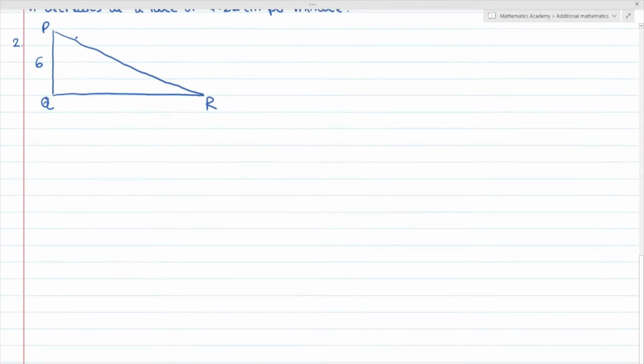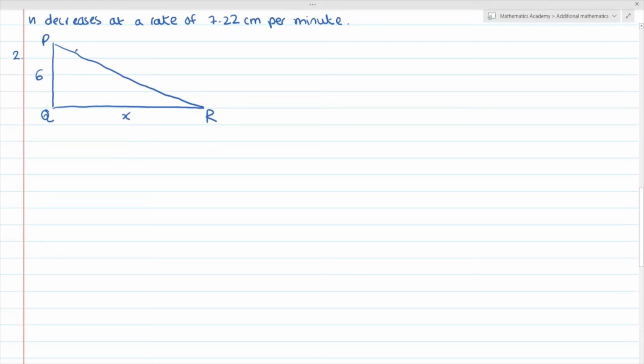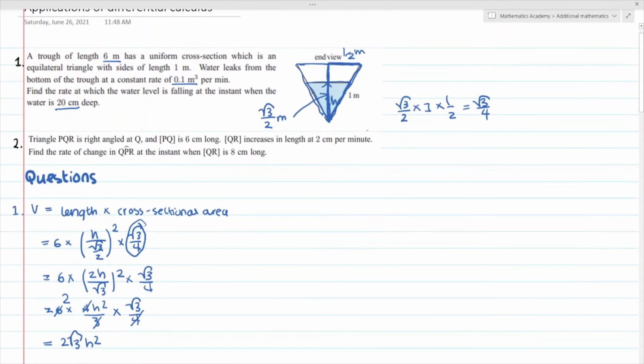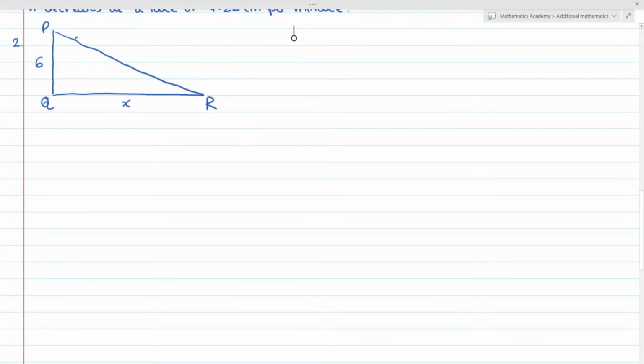And we're also given that QR, which I would call x, varies at a rate of 2 centimeters per minute. Okay. So it's useful to keep in mind the units being used. So it's 6 centimeters, and here it's 2 centimeters per minute.